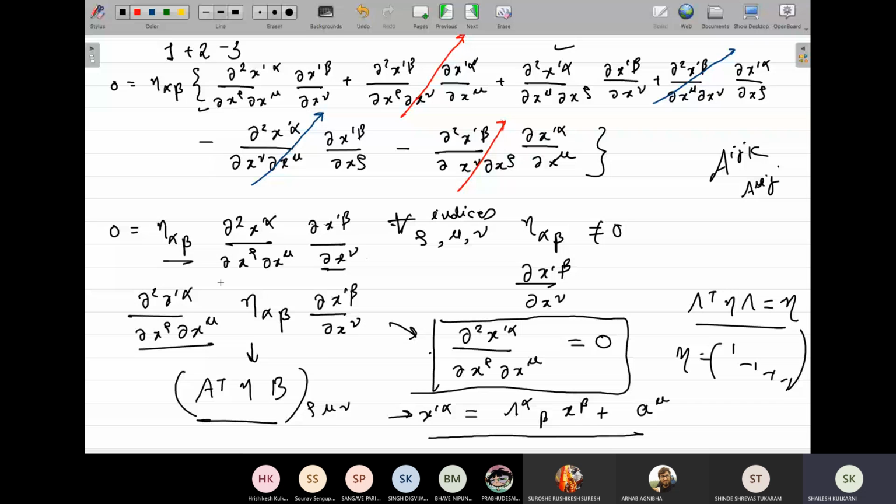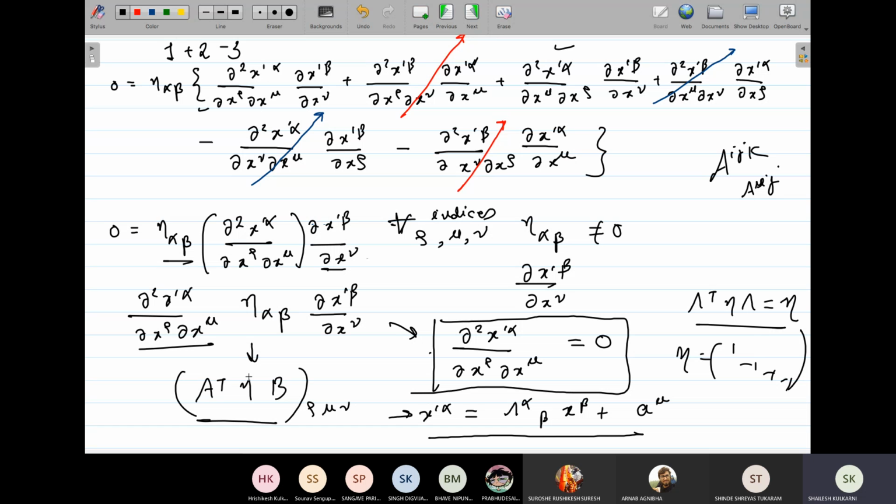If this is zero for all values of rho, mu, nu, then which of these three terms should we equate to zero? That is the question. I should not equate this to zero, I should not equate this to zero, I should equate only this to zero. I have written this just in matrix form to emphasize that matrix B is non-singular and the eta matrix is non-singular, so this must be zero.